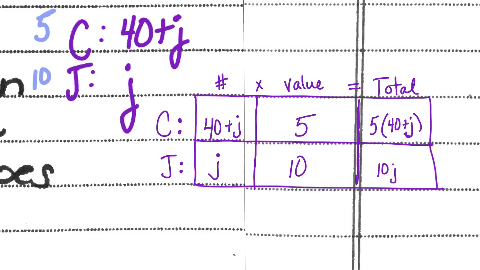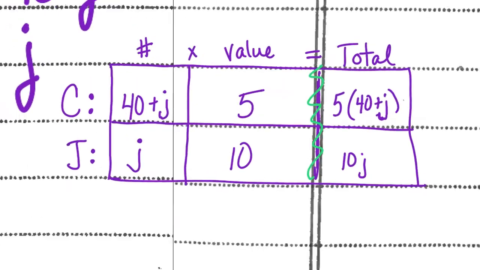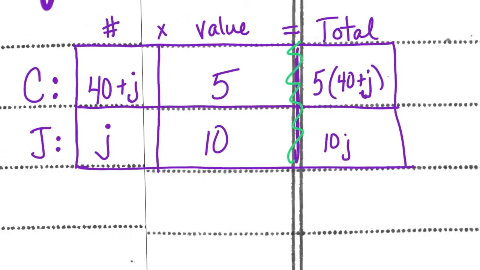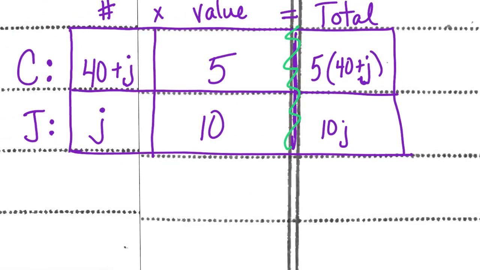Now we can make an equation. So remember, we will always work with the total boxes. So this total box is what we're going to work with. And we're going to write an equation from here. One part of it said they both have the same amount of money. So there's a lot of things we could do. We can take these and add them.